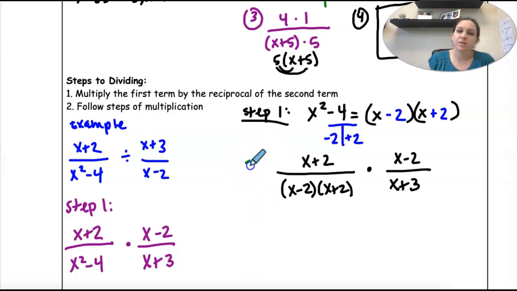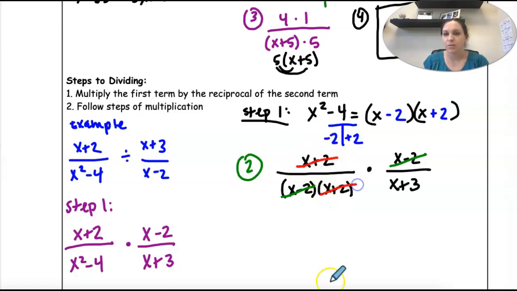Okay, step 2 is we cancel. So diagonally, I can cancel the x minus 2's. And then what I mean by up and down is if it's in the same fraction. So this x plus 2 and this x plus 2. Because they're in the same fraction, I couldn't do something both on the denominator here. So remember, when we cancel things out, we get 1's.